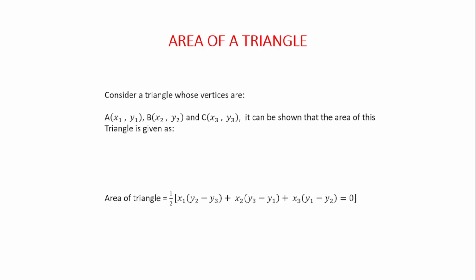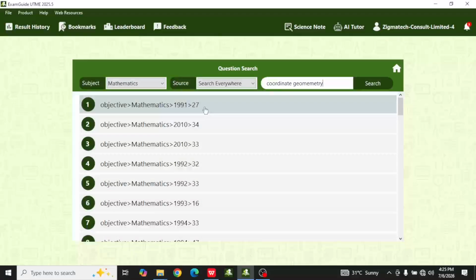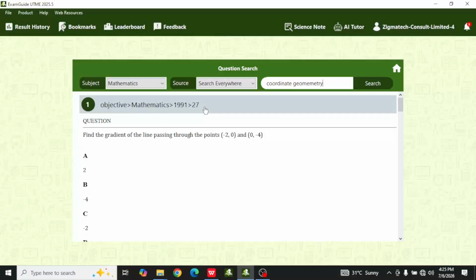We're going to see how area of a triangle can be handled. Let's look at our Examguide app, following it to solve, okay? Let's see some questions. Now, this question says, find the gradient of the line passing through the points -2, 0, and 0, -4. It's a straight question anyway.